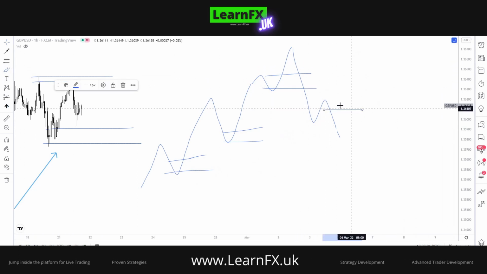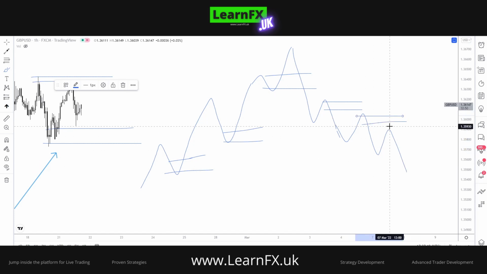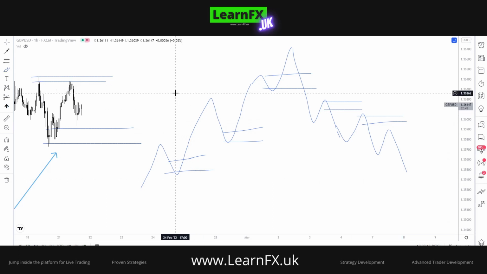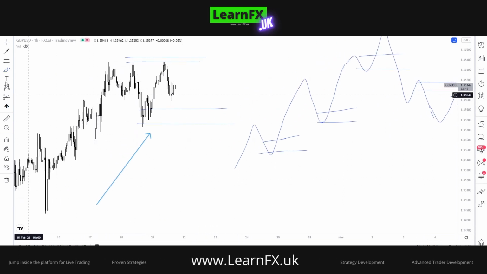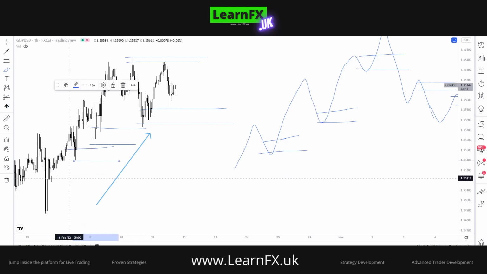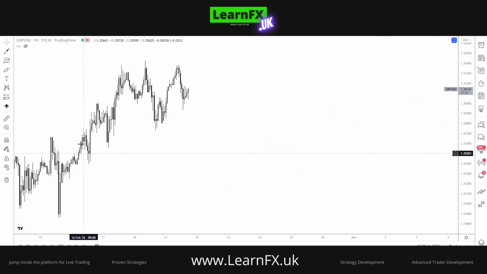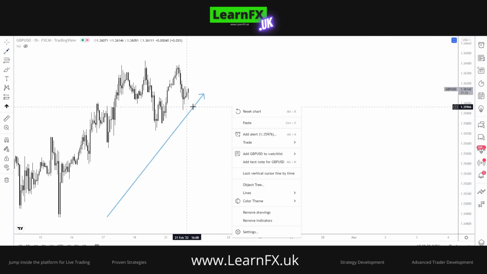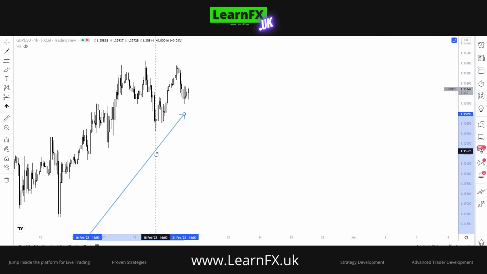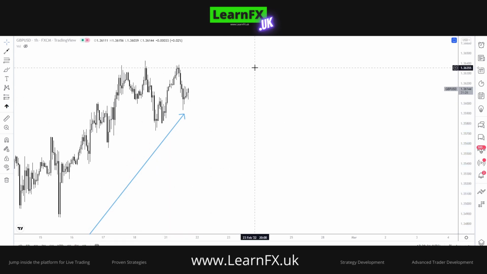Then you may want to look for the order blocks on the opposite side. Okay, so let's say that we're moving up like this, right? We only want to be looking at the order blocks that are in line with this trend, right? Obviously, if you're looking for the hourly to keep running higher, then of course you're going to want to be taking the order blocks at the bottom of the market, right?